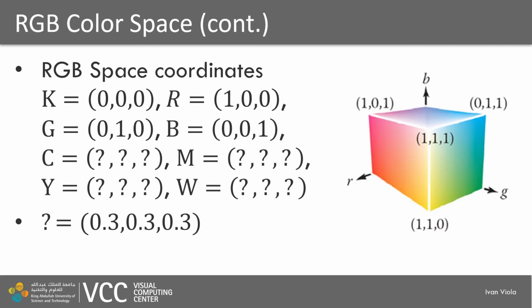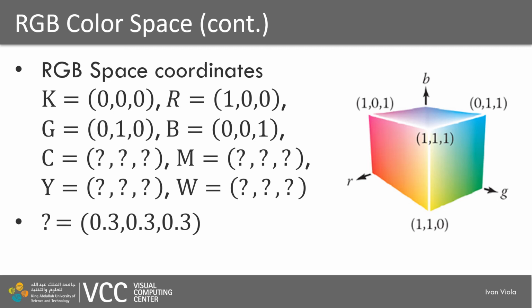So in the RGB space, if we put each color channel on a separate axis, we can span a 3D color space. This 3D color space will be defined by three coordinates, like in a Cartesian 3D representation, between 0, 0, 0 and 1, 1, 1.